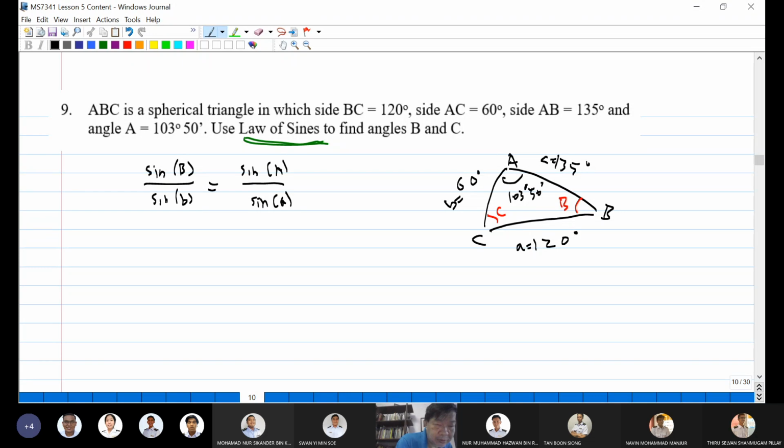So angle B we don't know, but side B is 60. Angle A I know, it's 103 degrees 15 minutes here, and then side A is 120.